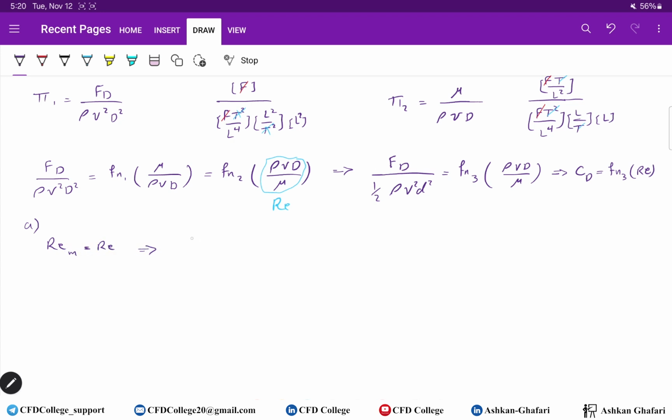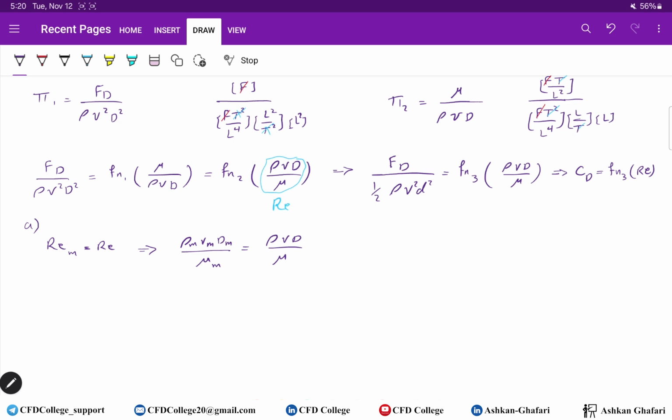It means that rho m vm dm over mu m is equal to rho v d over mu.